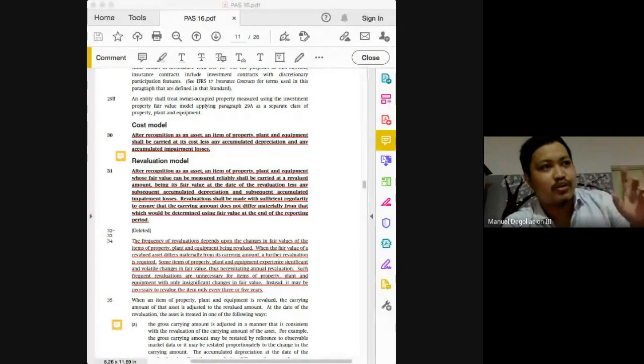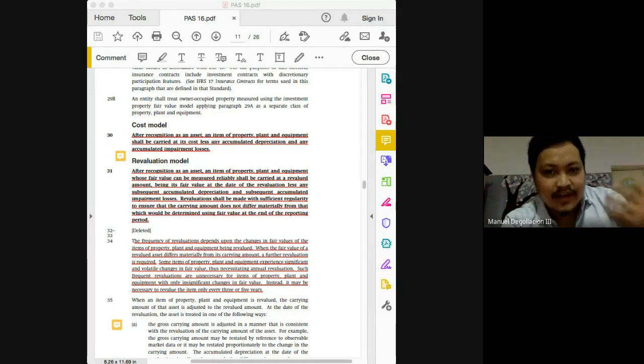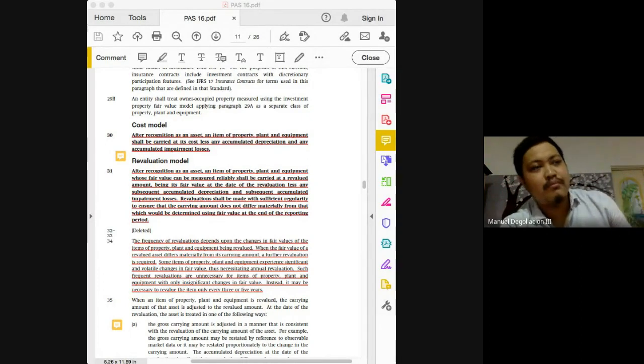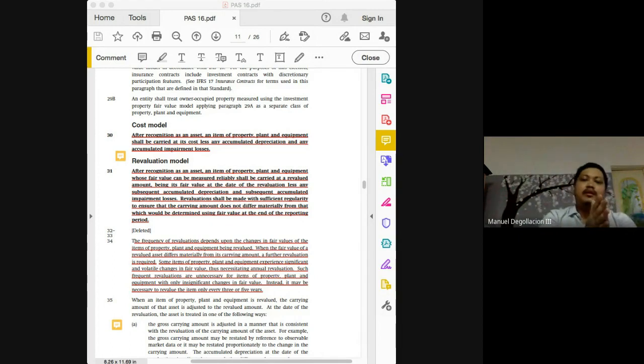But following the cost model, you begin at the historical cost, you begin at the initial cost, and it will change after providing allowances for depreciation and impairment. So meaning, the carrying amount of your PPE will gradually decrease as the amount of accumulated depreciation and impairment increases.